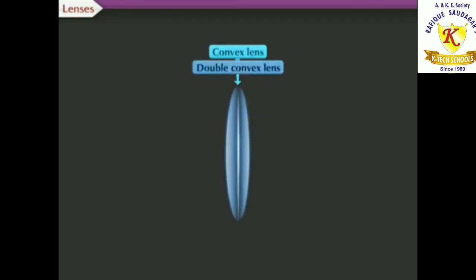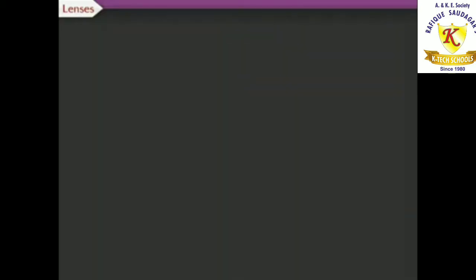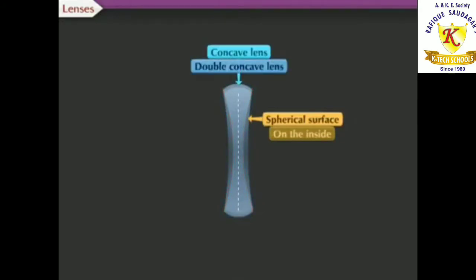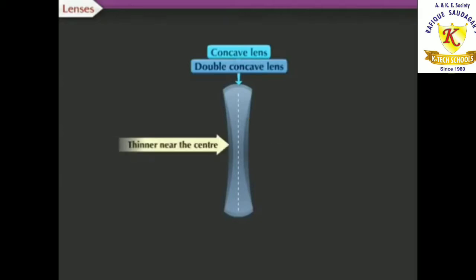This lens is thicker near the center as compared to the edges. The lens with both the surfaces spherical on the inner side is called a concave or a double concave lens. This lens is thinner at the center as compared to the edges.